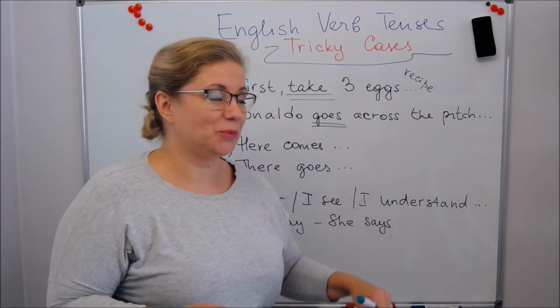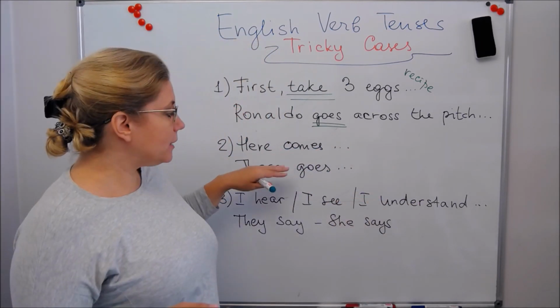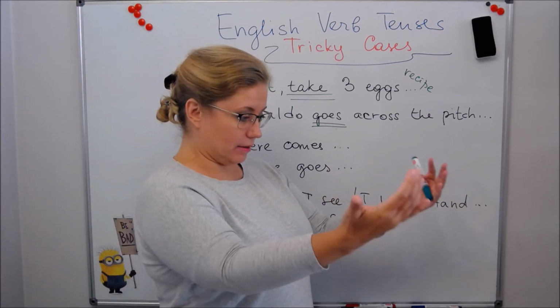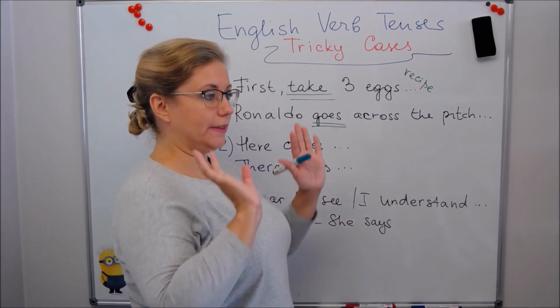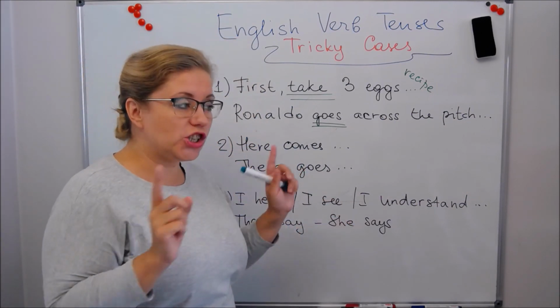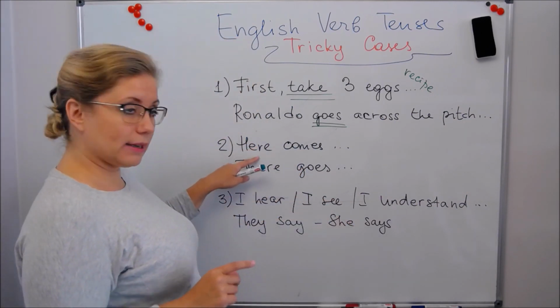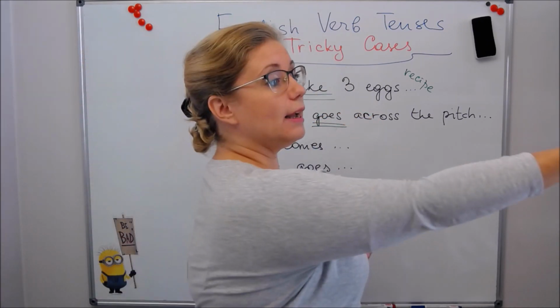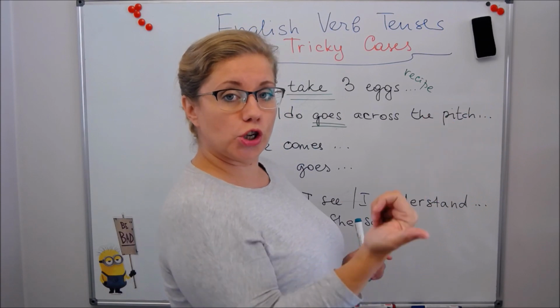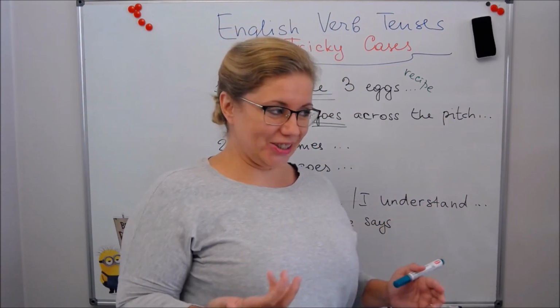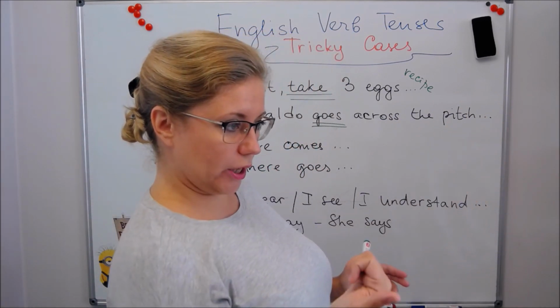We are going on. The next thing: when you have a situation where something is arriving to you or something is leaving you. And these are set expressions, you don't change these sentences. Here comes... imagine that we are standing at the bus stop and the bus is approaching. And again, it's more logical to use present continuous: the bus is approaching.